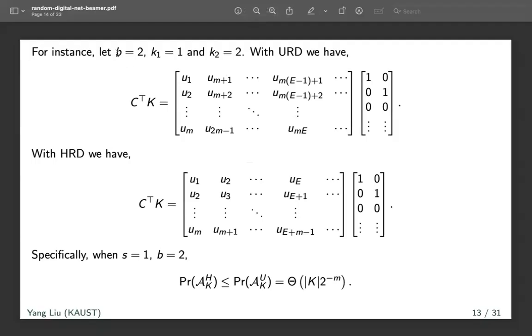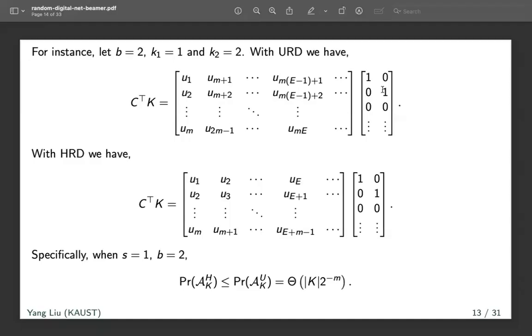For simplicity, we consider base 2, and we let k1 equal 1 and k2 equal 2. In the binary representation, k1 corresponds to a vector with only a 1 in the first position, and k2 corresponds to this vector.